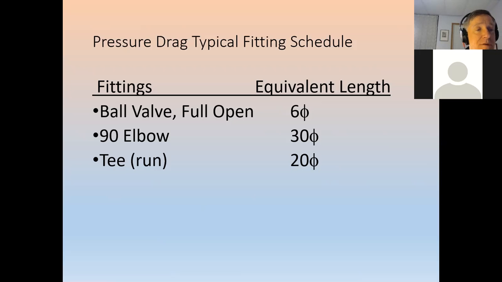So a ball valve, which maybe some of you have seen, is a ball with a hole in it, and you can get full port ball valves, which basically have no pressure drop. But you generally have a smaller hole that the water has to flow through. So the pressure drop in that ball valve is the equivalent of adding 6 times the diameter of the pipe.